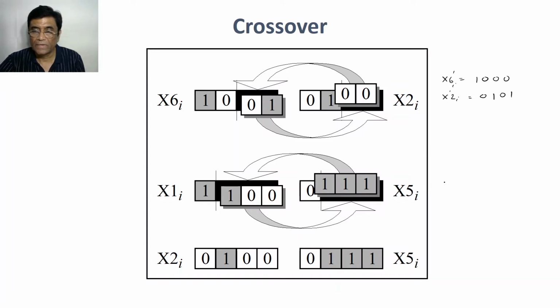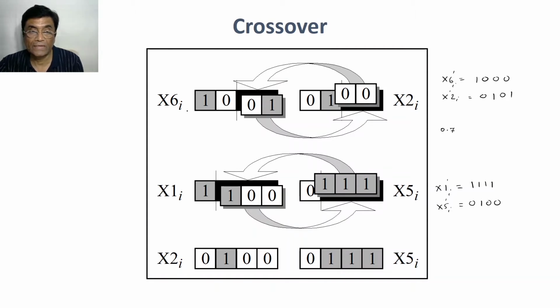Similarly, after mating, X1 equals 1, 1, 1, 1, and X5 equals 0, 1, 0, 0. So we are assuming that we will allow 70%, 0.7, right?